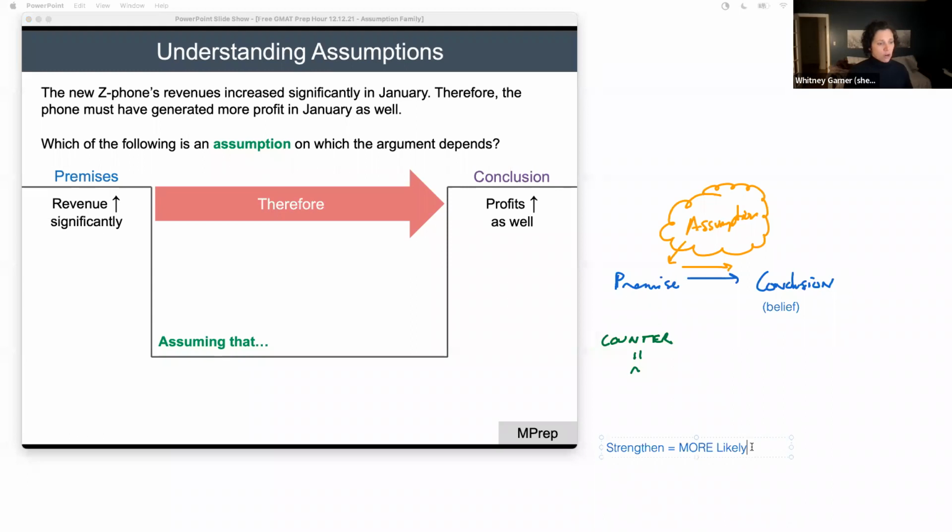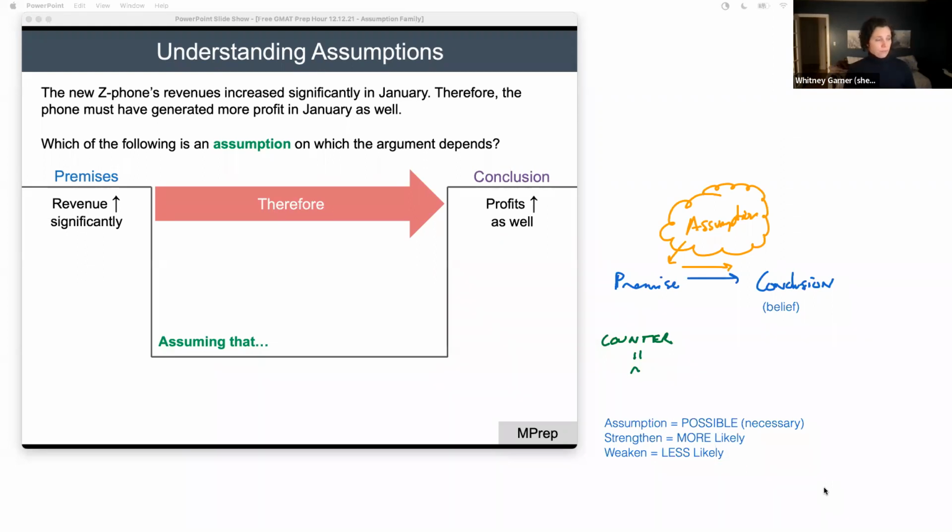So if a strengthen makes an argument more likely and a weaken makes an argument less likely, the assumption is something altogether more powerful. An assumption is something that makes the argument possible. It is completely necessary in order for us to draw this conclusion. In fact, without it, our conclusion would fail.